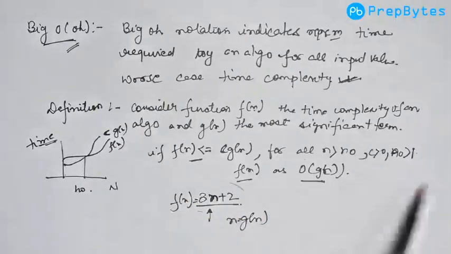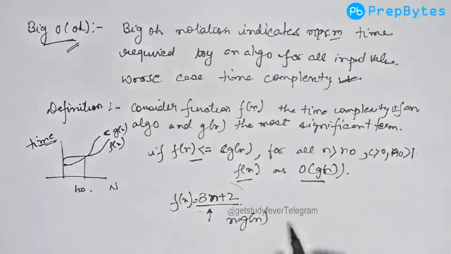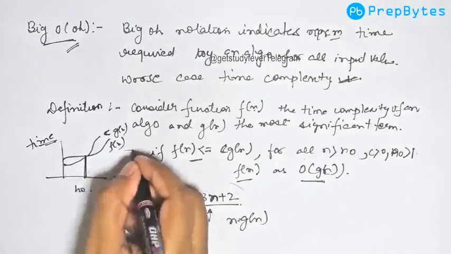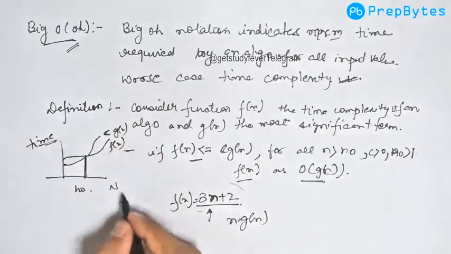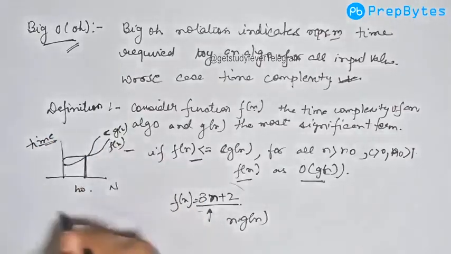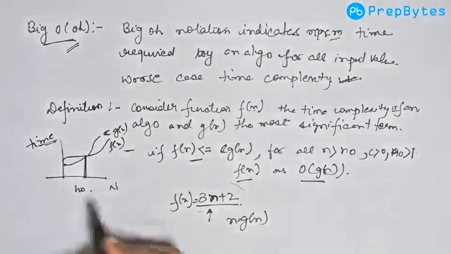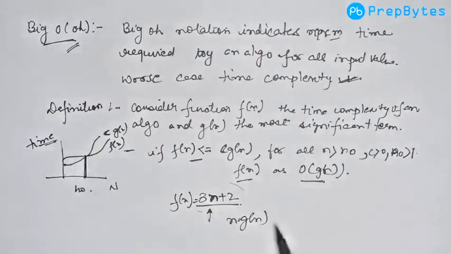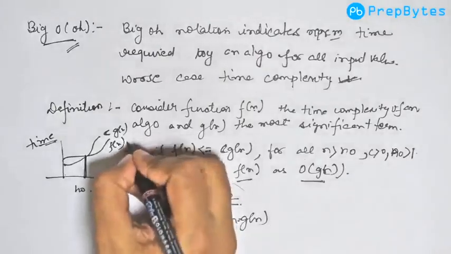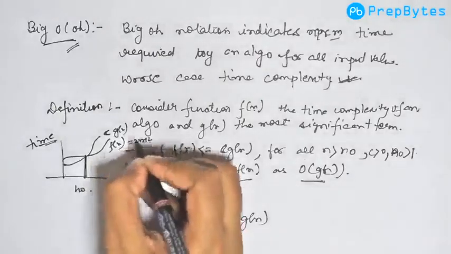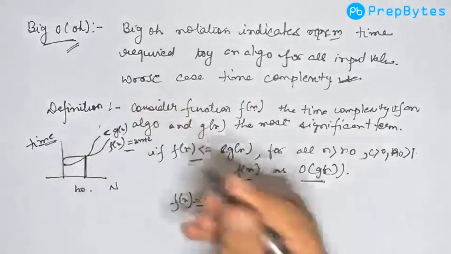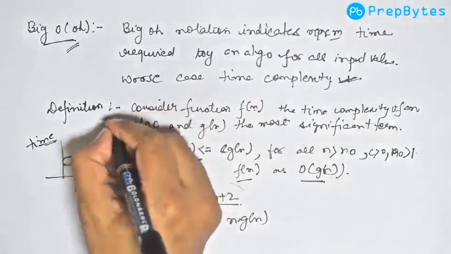So what this definition is saying is, let's say this is f(n) and this is g(n), this is time and this is the input size, and we are trying to represent it pictorially using a graph. Let's say this is f(n), which in this case is 3n plus 2, and this is c into g(n). c is some constant, we will see what the use is, and g(n) will be n in this case.